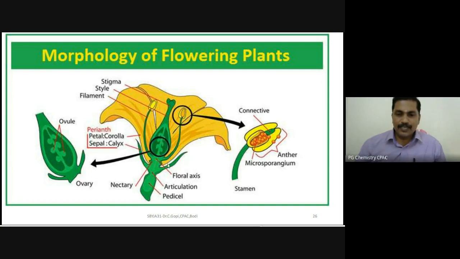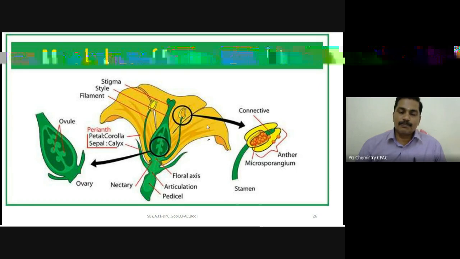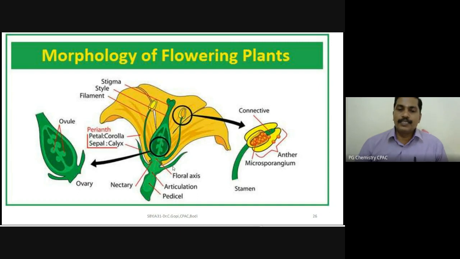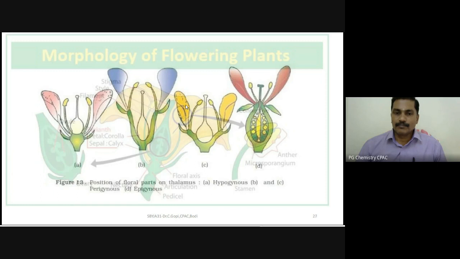Then you find the colored part of the flower, the corolla, which is the petal, followed by the green part of the flower, the sepal, that is the calyx. Then you find the pedicel, and all these things are seen in the flower.